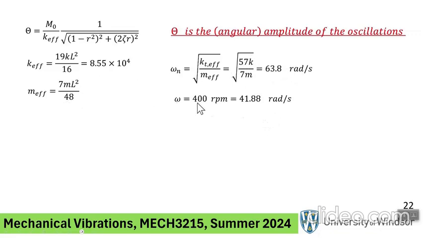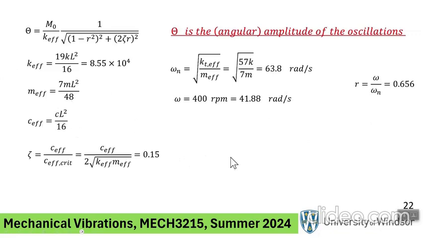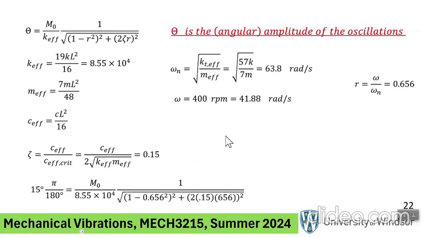We are told that omega, the driving frequency, is 400 RPM. So just turn it into rad per second. And the frequency ratio is going to be omega over omega n, so the ratio of this over that. We have C effective, by the way. You find the damping coefficient, 0.15. So it's an underdamped system.